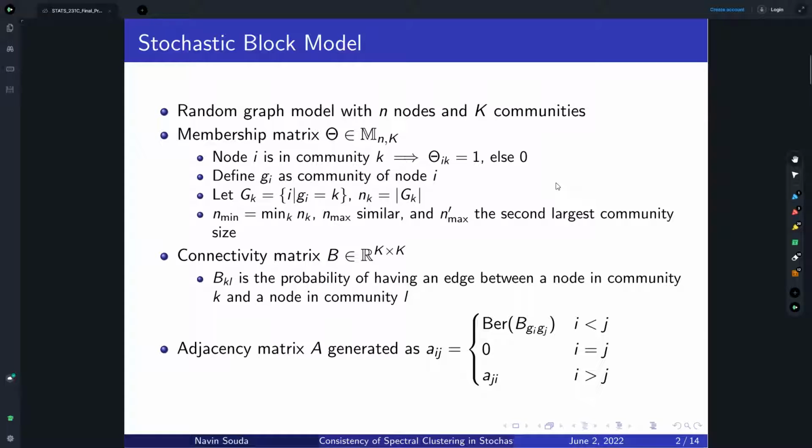A little more notation. N_min is going to be the smallest community size, N_max is going to be the largest community size, and N'_max is going to be the second largest community size.